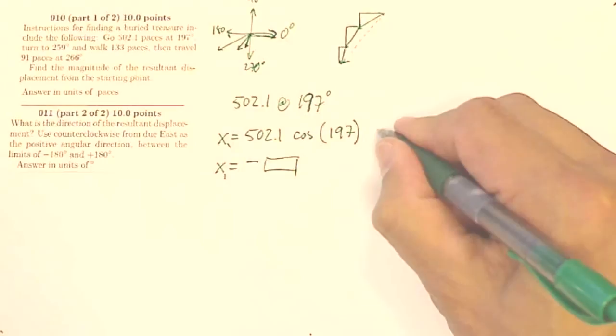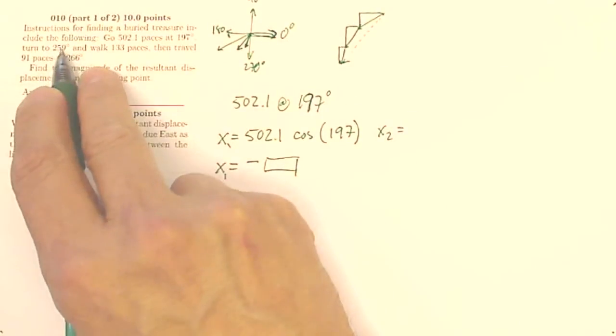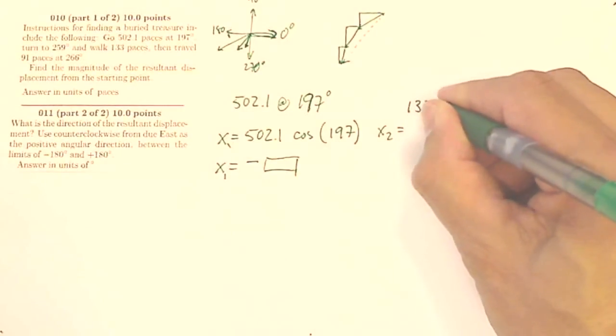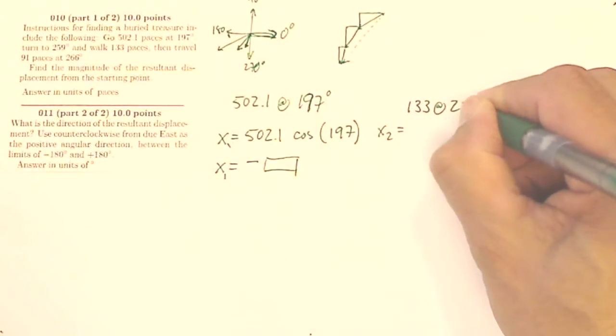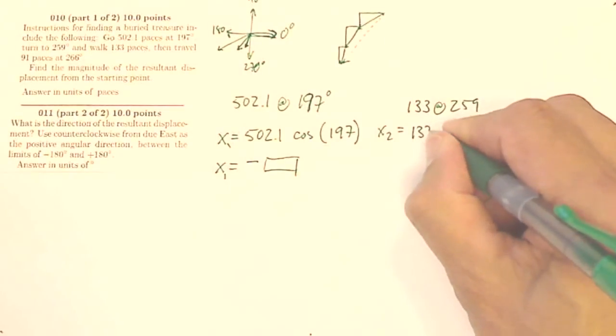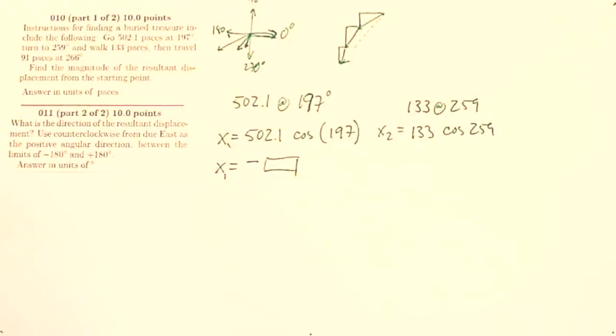My second one, x2, is going to be 133 paces at 259, so x2 is going to be 133 cosine 259. Well, my third one is going to be 91 at 266.